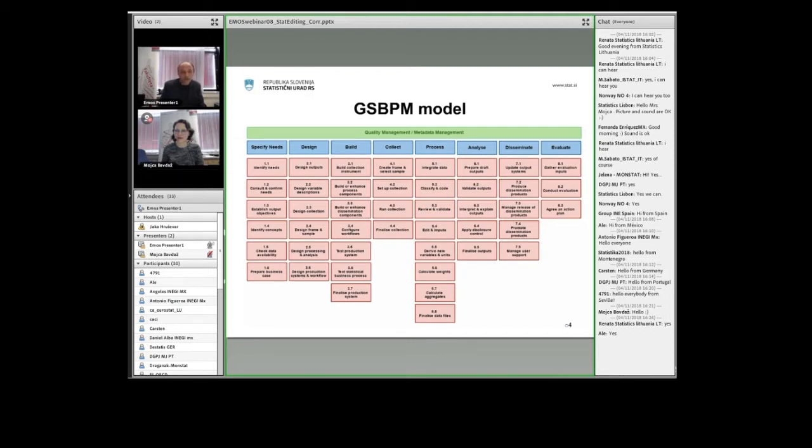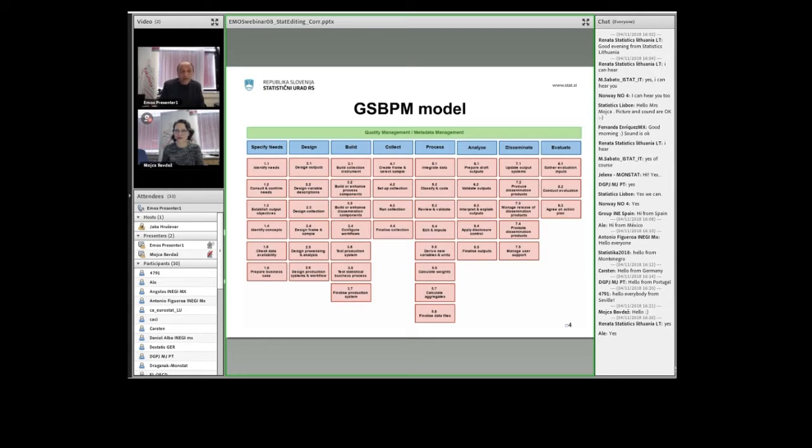For instance, the Statistical Office of the Republic of Slovenia made, on the basis of this model, its own model. If you go to our website, you will see our adjusted model. I can just say that the first level, the phases, remained almost the same, while we quite significantly changed the list of sub-processes.